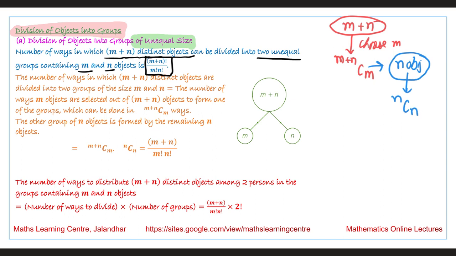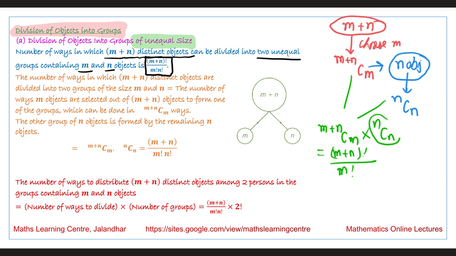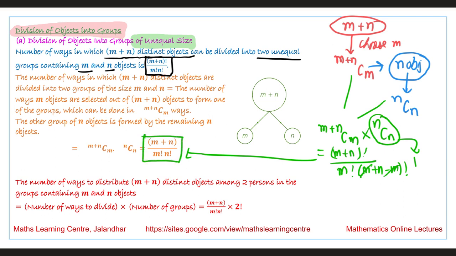So by the fundamental principle of multiplication, the total number of ways is m plus n c m into n c n, and when we solve this we get m plus n factorial divided by m factorial into m plus n minus m factorial. So this is n factorial, and the value of n c n is 1. So the answer we obtain is m plus n factorial divided by m factorial into n factorial.